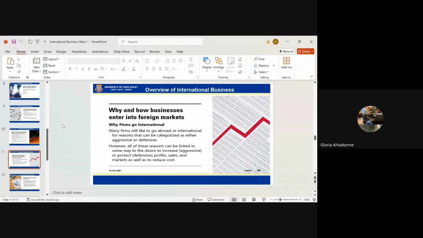I know they've mentioned greater profits, but I will say to ease transportation fees. Because if Unilever is in the US or UK and I want to use their product as a customer, getting it from there and bringing it here will be very hectic because of the transportation.